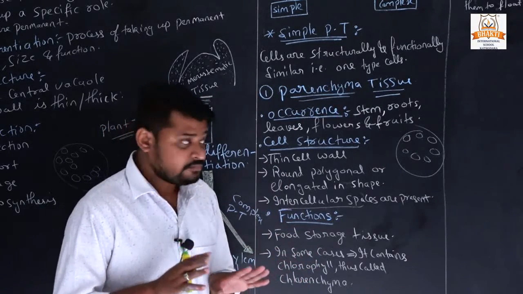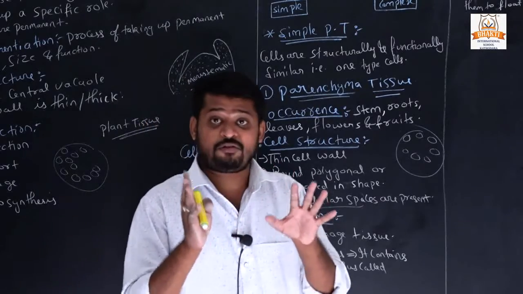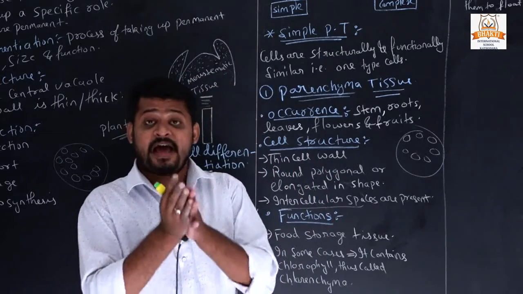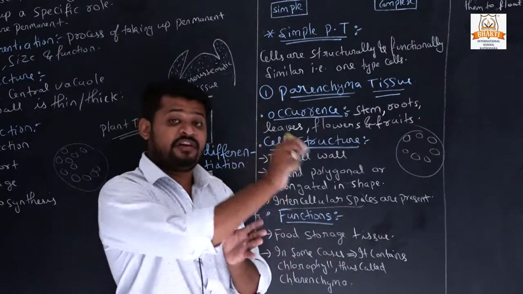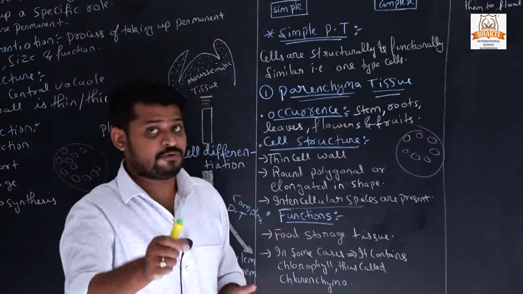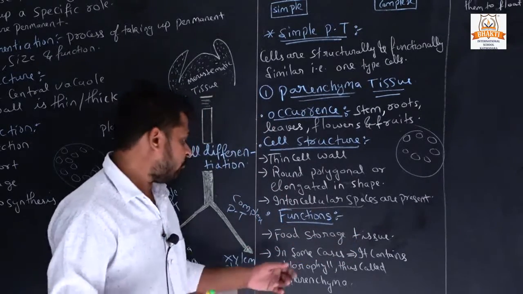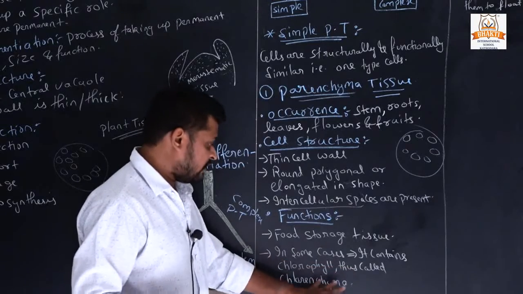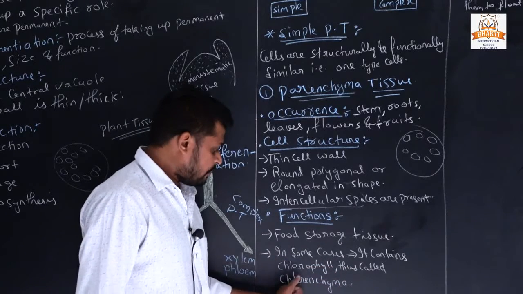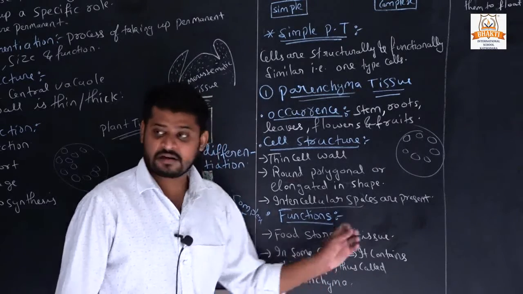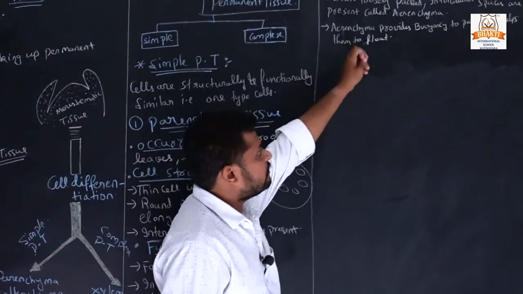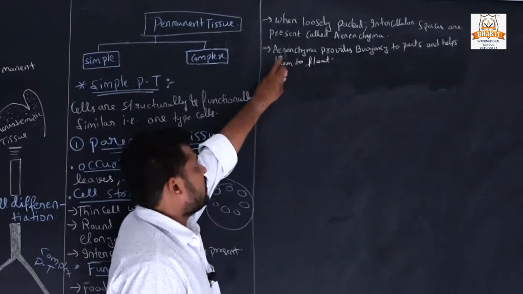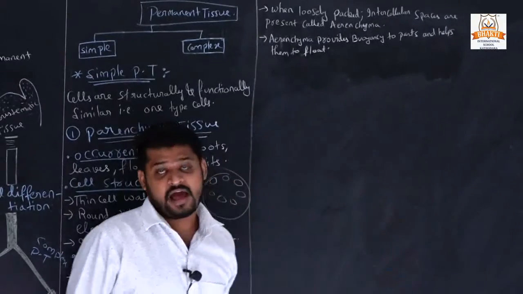Some parenchyma tissues have chlorophyll present in them, so they make their own food. In that case we call it chlorenchyma. And when loosely packed with intercellular spaces, it is called aerenchyma.